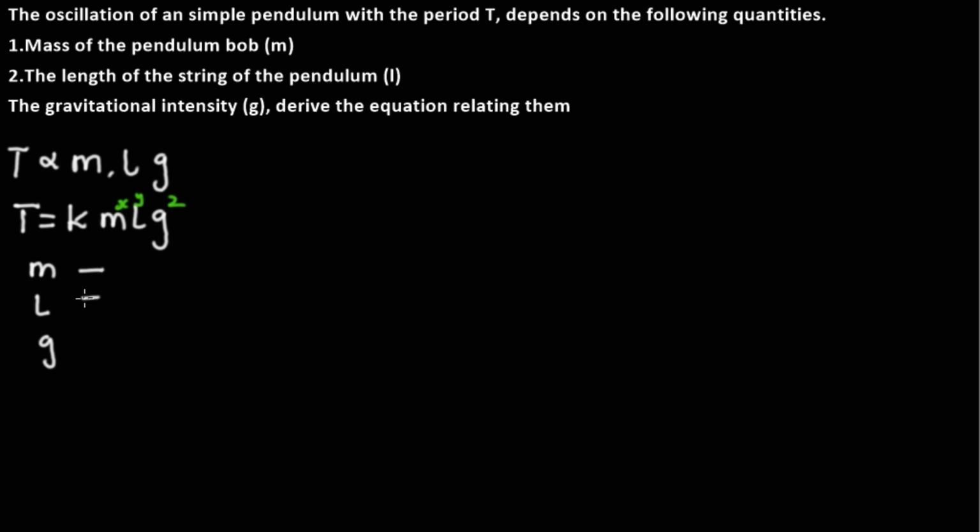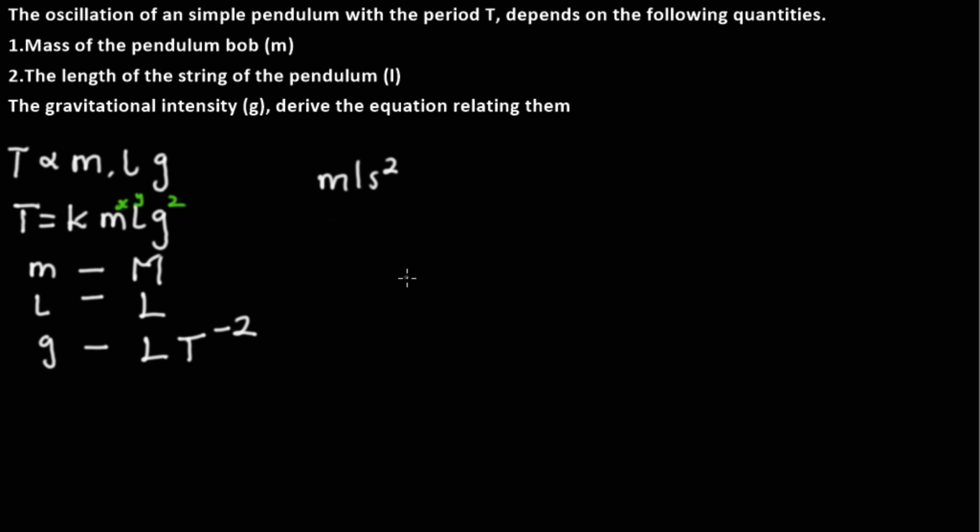The dimension for mass is capital M. The dimension for length is L. The dimension for g is LT^-2. g is the acceleration due to gravity, and if you can recall, its SI unit is meter per second squared. Meter is length, seconds is T, and per second squared gives minus 2.